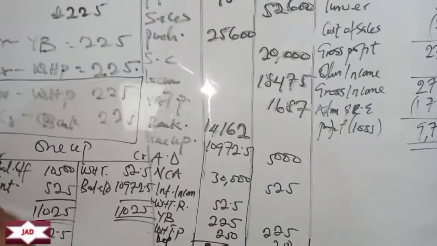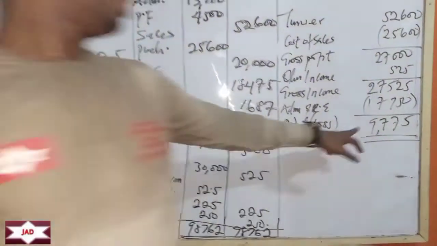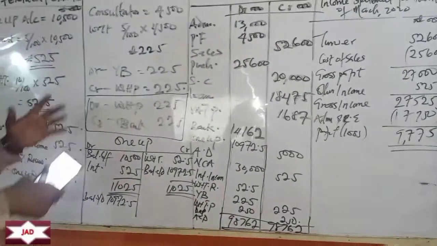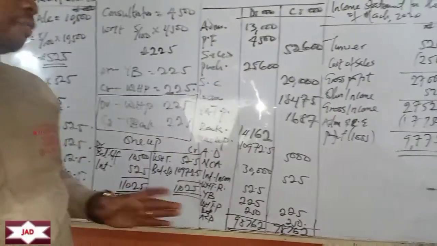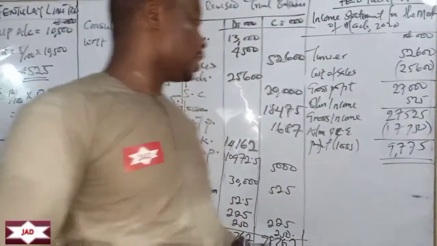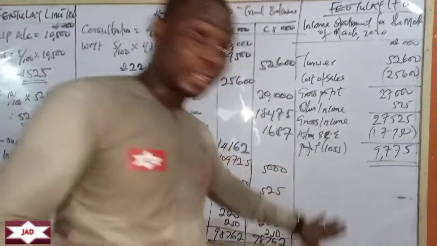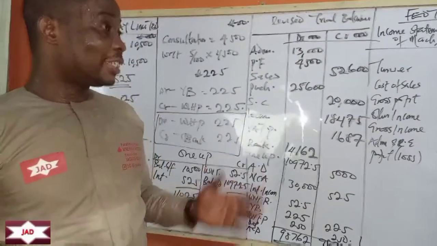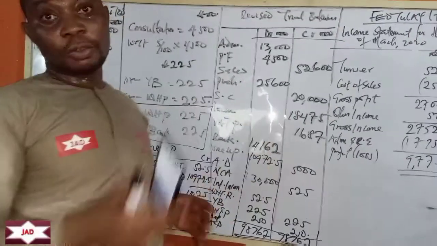Now, this is the income on which we're going to do our assessment for the tax that you should pay. Of course, this is for the month anyway. Income tax is usually paid on a preceding year basis.